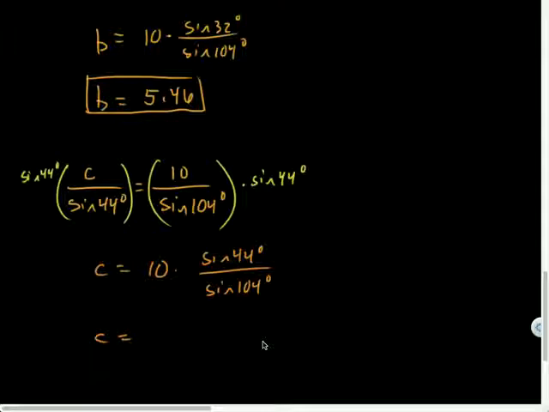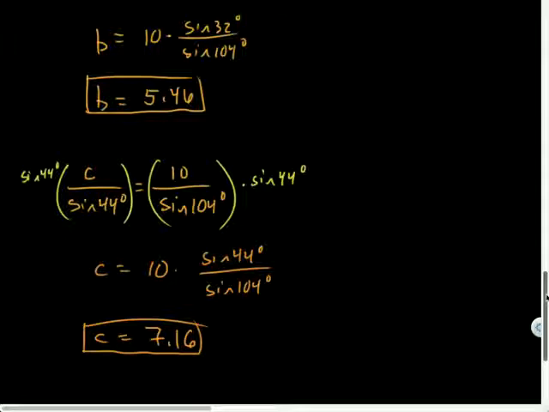So little c is equal to 10 times sine of 44, close parentheses, divided by sine 104, close parentheses, and I get 7.16. Right? So it's not that bad to use it.